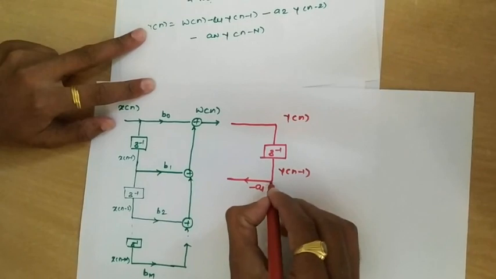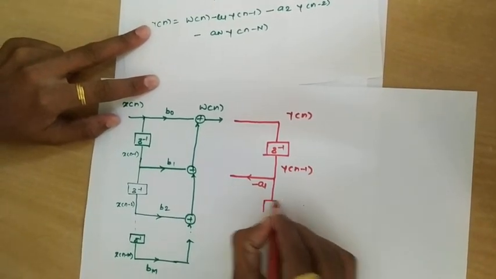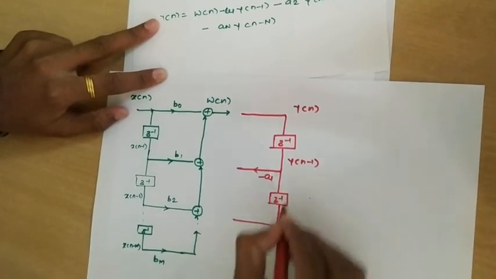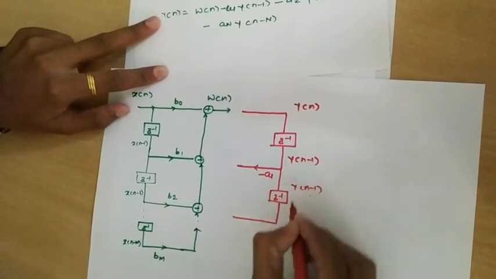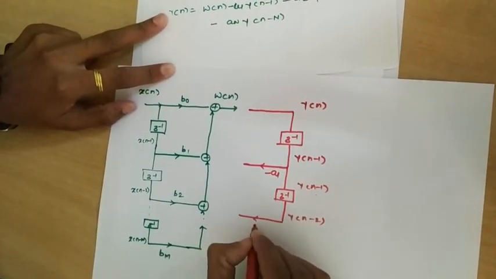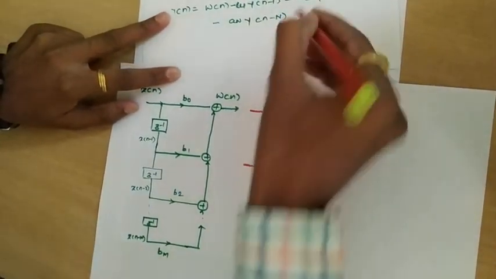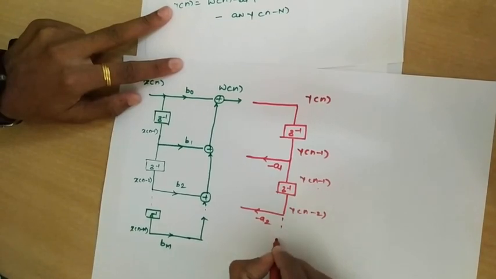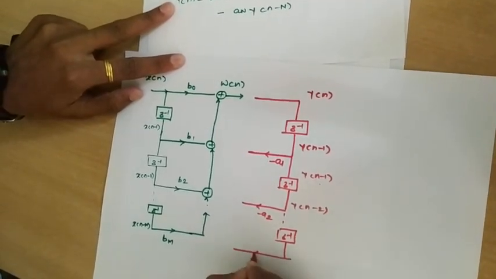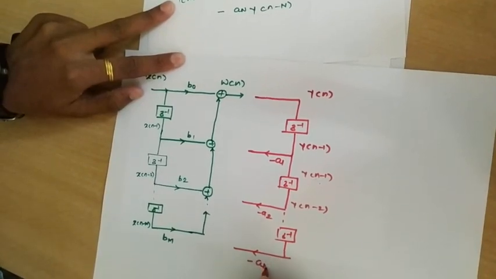Similarly next, y n minus 2. We'll add one more delay element, z inverse. Now here the input is y n minus 1, output is y n minus 2 multiplied with minus a2. Similar to the last term, z inverse with a term as minus a n.